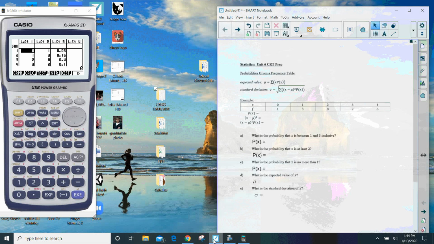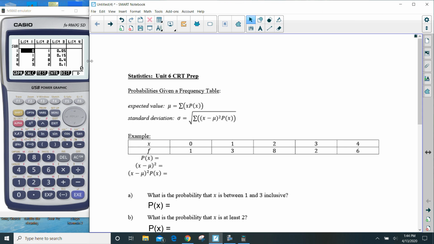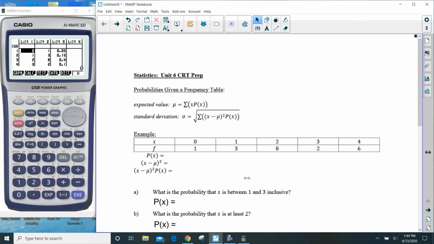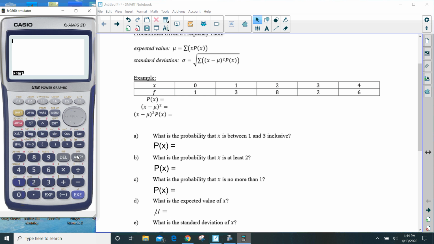I have another paper ready to go here. How can I get some of these things? I'm going to pretend my calculator doesn't have the fancy options. So how can I get this stuff old school style?